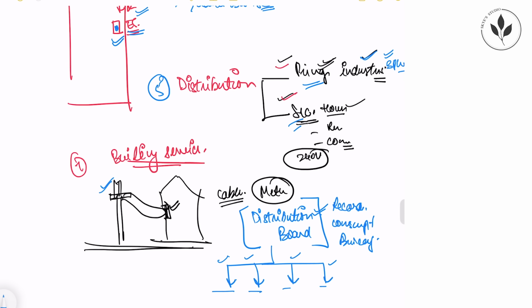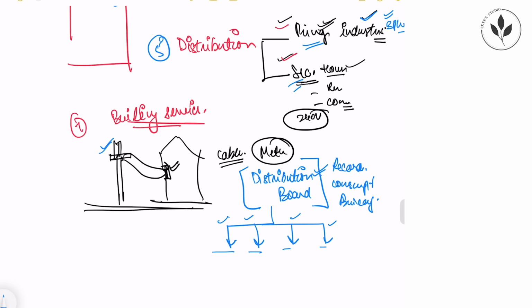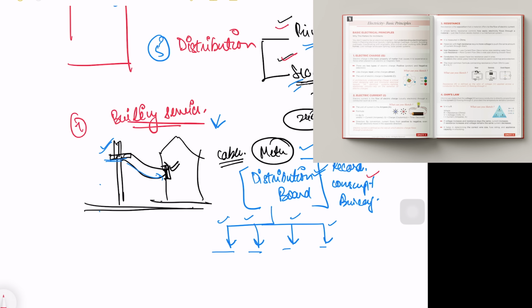Secondary distribution is the relatively lower voltage distribution, which generally comes to our houses. And in houses, the electricity is sent through the electrical pole to our distribution board, which is also called MCB or meter, which is used to calculate or record the consumption of electricity inside our building.